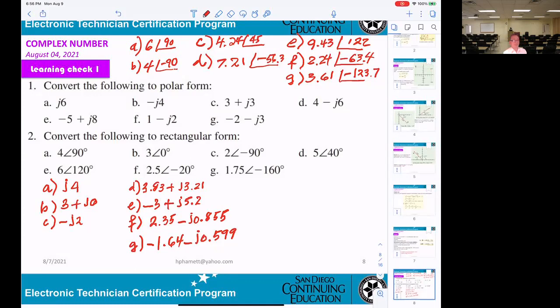Make sure you review it and do the exercises without thinking. That means you can solve it right away, in order to apply it to solving AC circuitry using complex numbers.